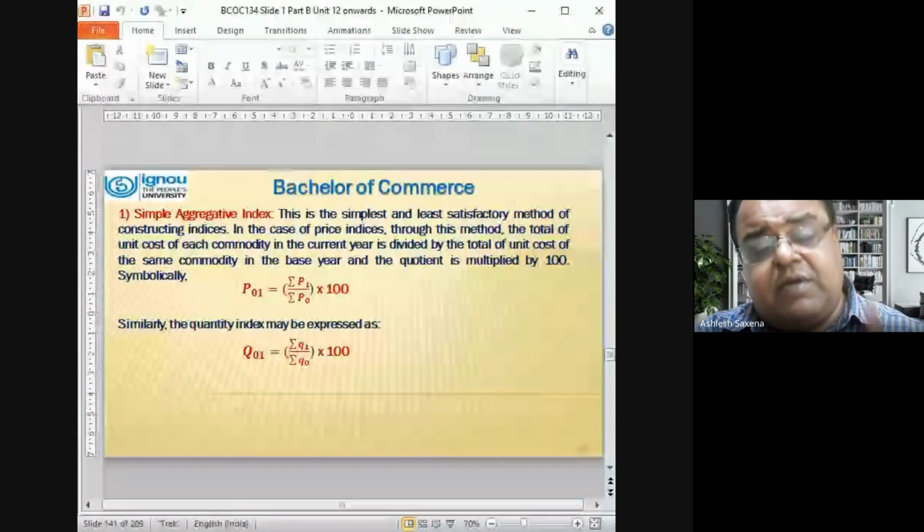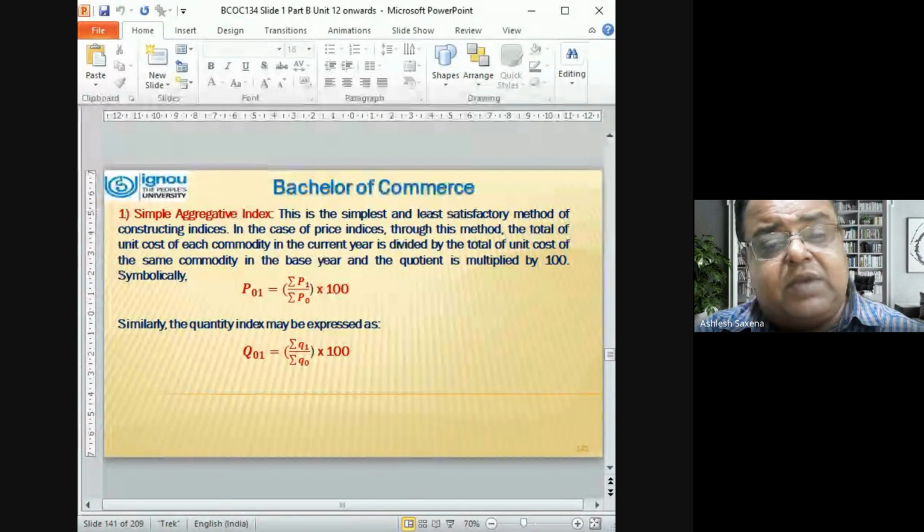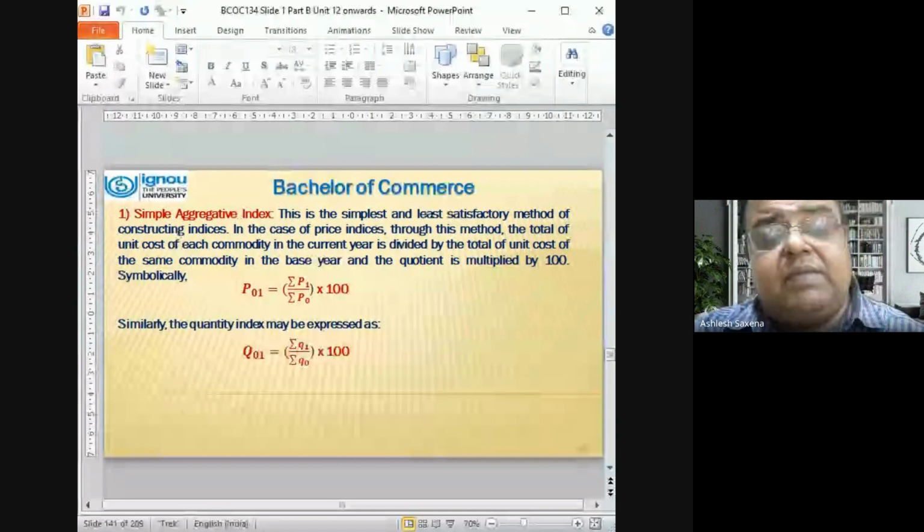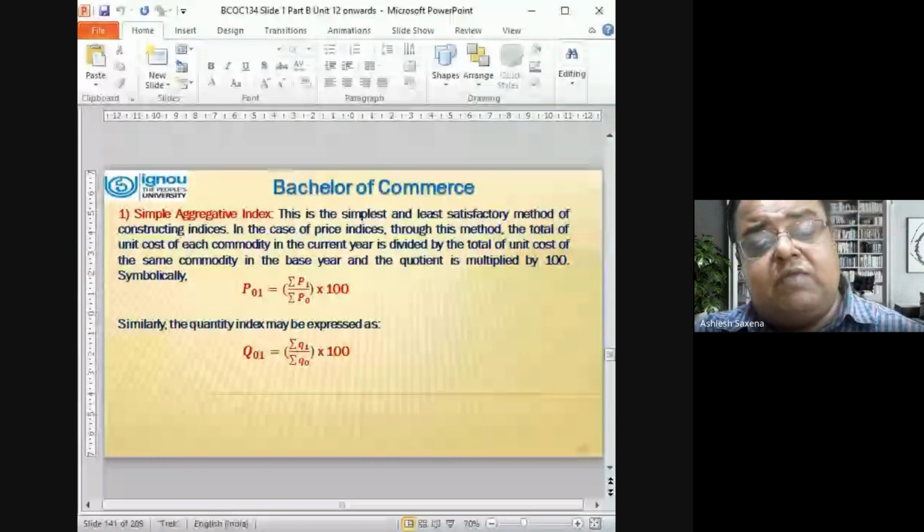Symbolically, in terms of price, P01 is equal to summation P1 upon summation P0 into 100. And for quantity, Q01 is equal to summation Q1 upon summation Q0 into 100.